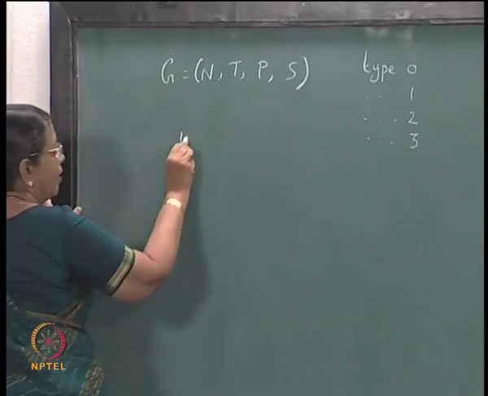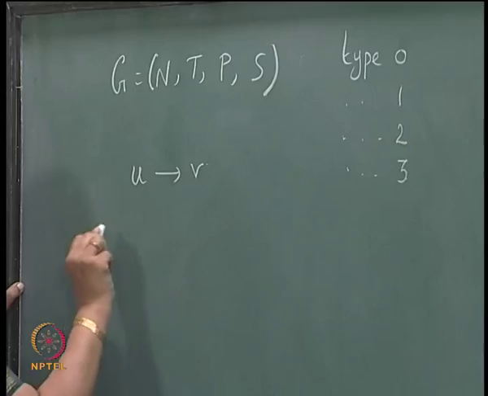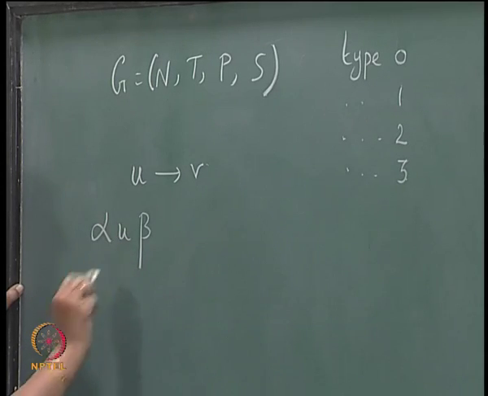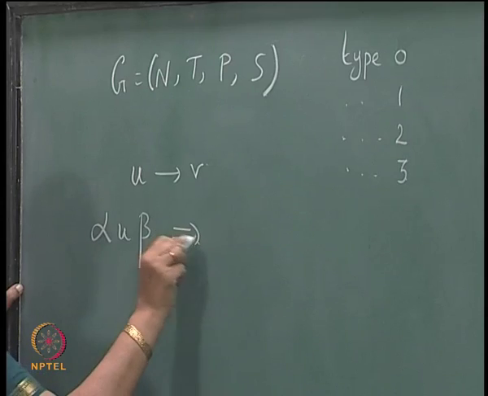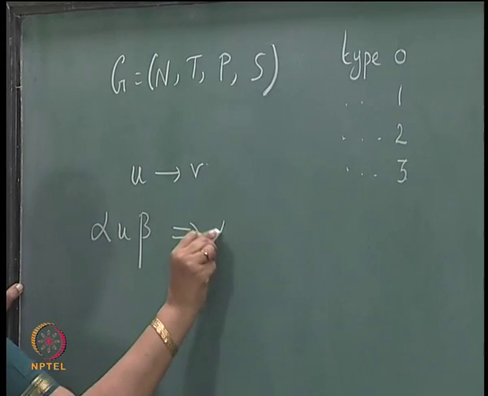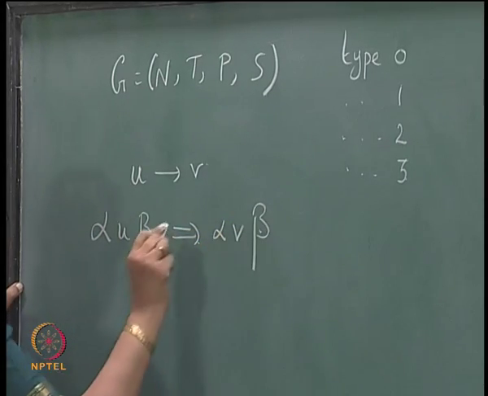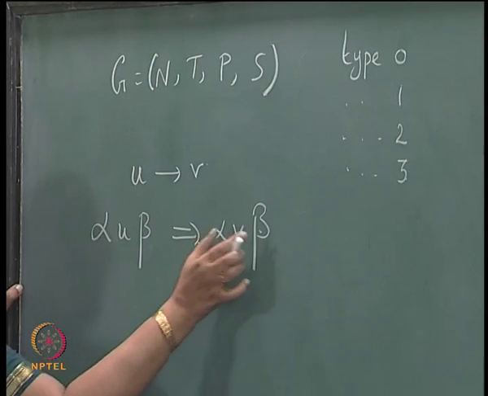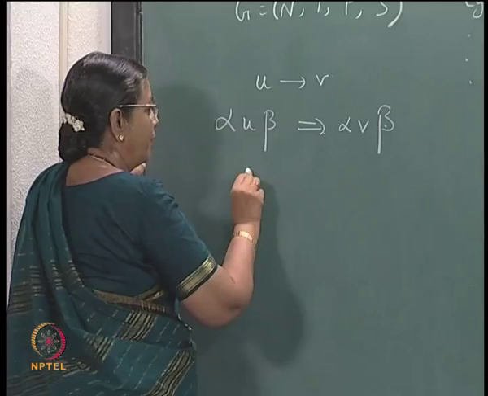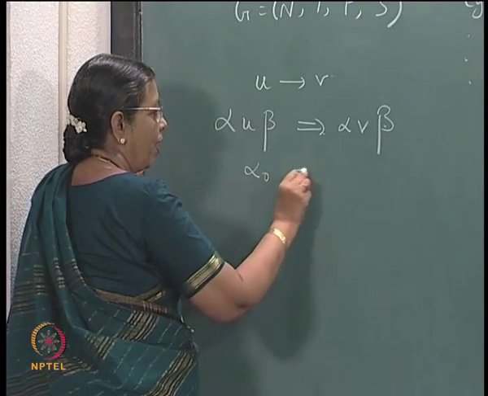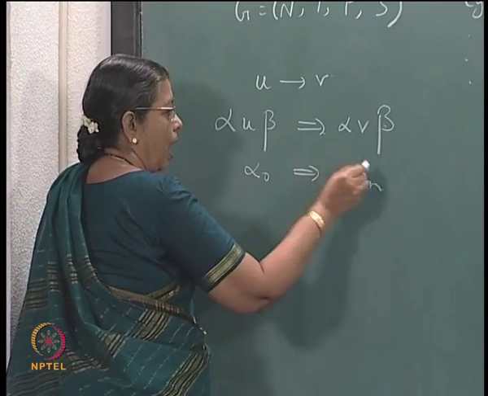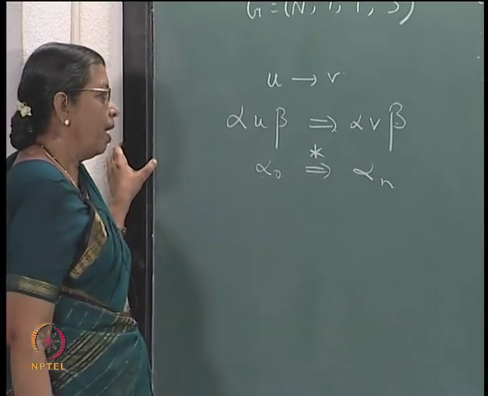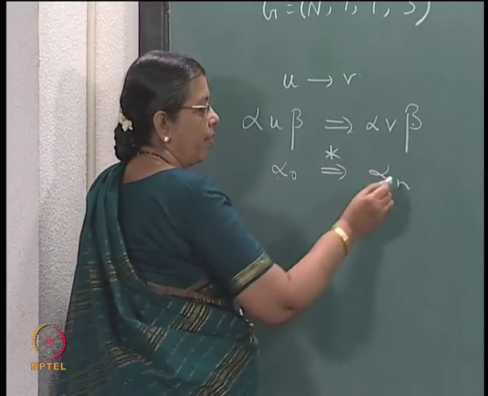If the rule is of the form U goes to V, then the application of a rule means if you have a sentential form alpha U beta, then you replace U with V, and you get alpha V beta. This means from alpha U beta you directly derive alpha V beta. And if you derive something from alpha naught to alpha n in n steps, you denote it by alpha naught derives alpha n.